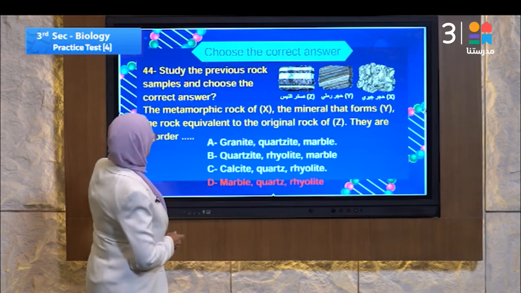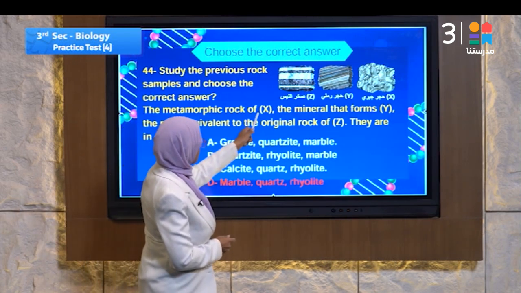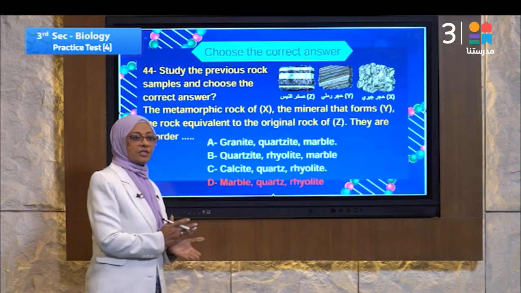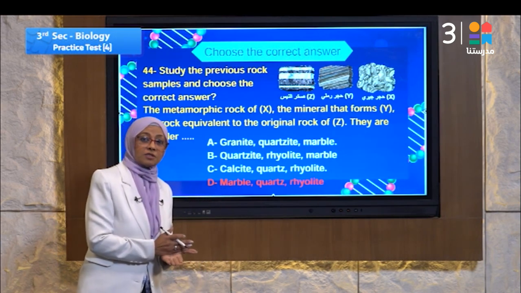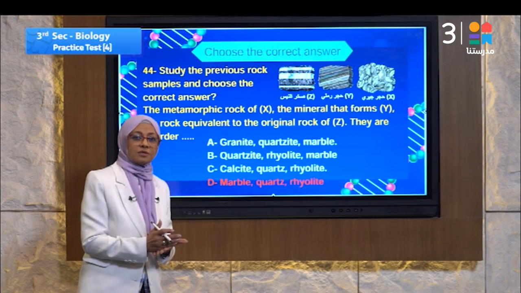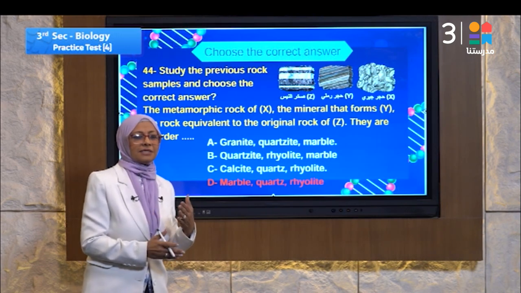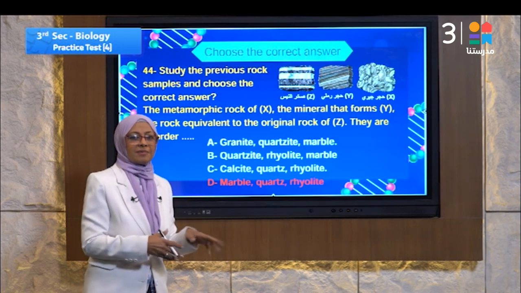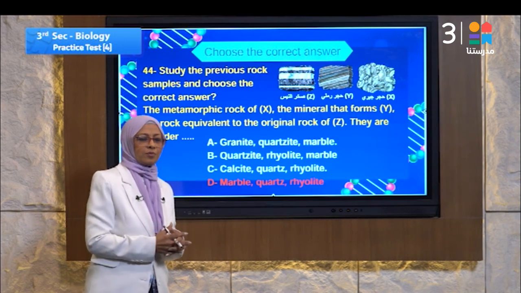The first one is metamorphic rock X, it must be marble. Metamorphic means that it changes from sedimentary rock to metamorphic rock by pressure or chemical substances which form it.